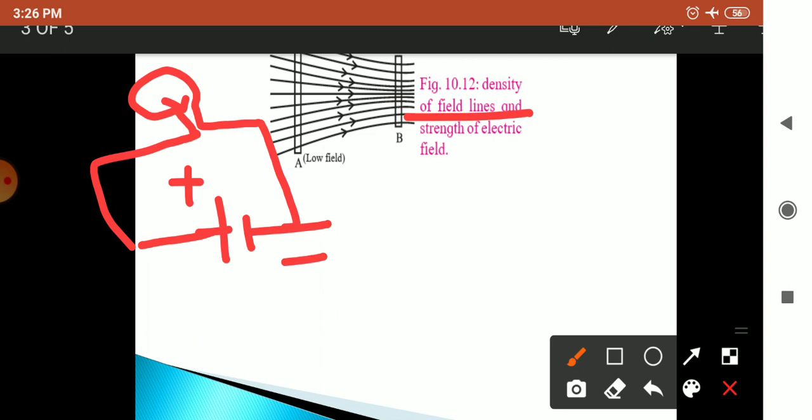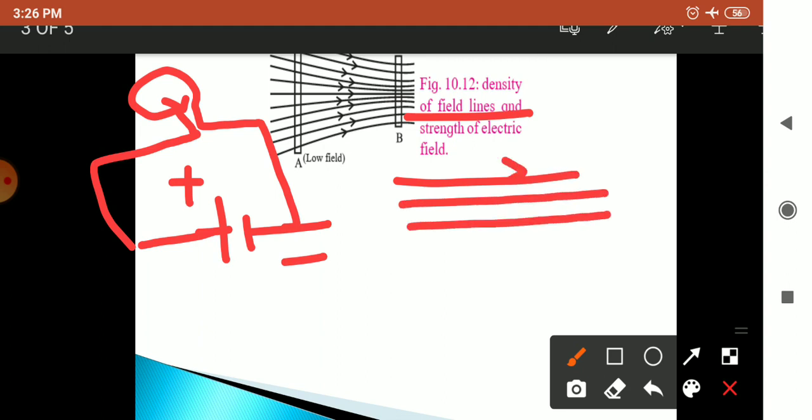The lines of force neither intersect nor meet each other, like this. They flow along their own directions and will not meet each other, as that would mean the electric field has two directions. The starting point is positive and the end point is negative, but they will not meet each other.